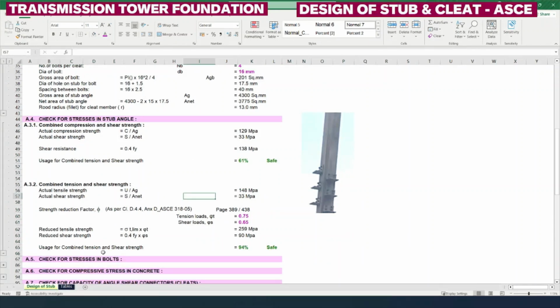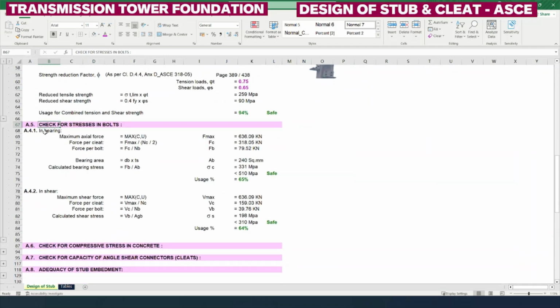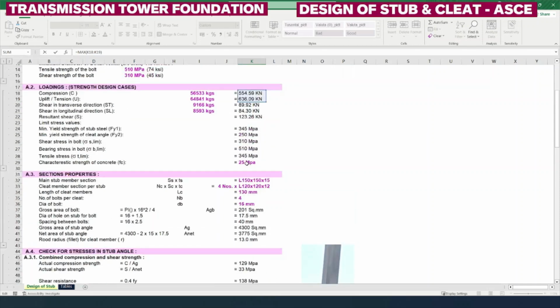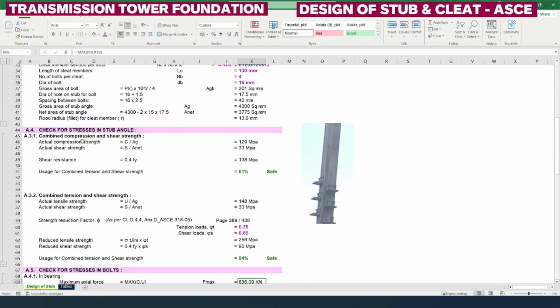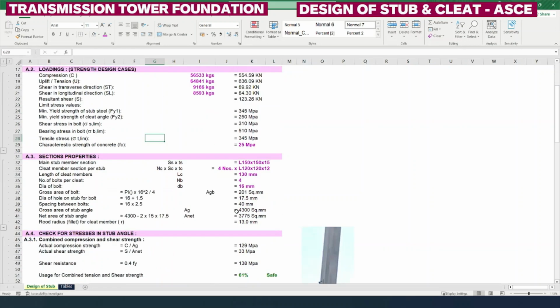Next, we are going to check the bolt strength. In this, we are going to check two parameters: one is bolt check in bearing, and the other is bolt check in shear. Maximum axial force, we need to consider the maximum of tension or compression. So the maximum of these two we need to consider for the calculation of the bearing check.